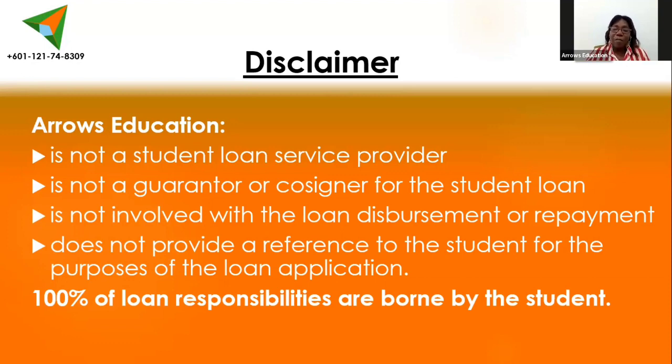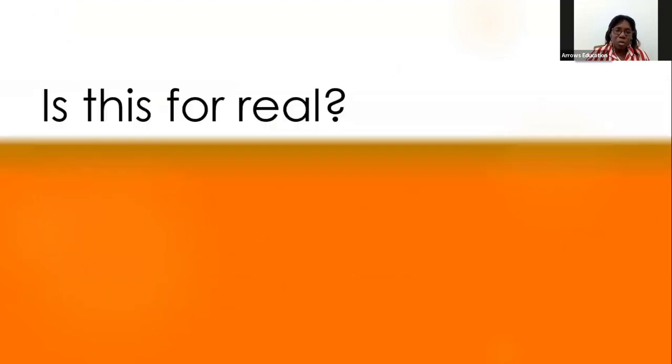We don't provide reference to you for the purposes of loan application, because when you are applying, you'll be asked to provide a referee. It has to be your family member or your friend, close people who know you. So don't ask Arrows for a reference, because we are not going to provide it. That loan responsibility is 100% yours. So that's what we just want you to know.